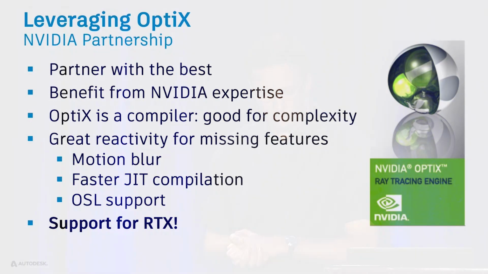And some of the new production-oriented features in OptiX. And the biggest one, of course, which is something that's been in our heads since the beginning of the project, is that OptiX brought us RTX support from day one, or really day minus 14.